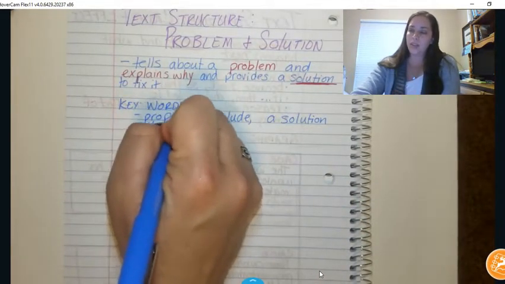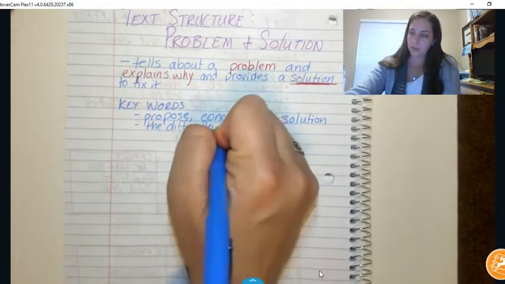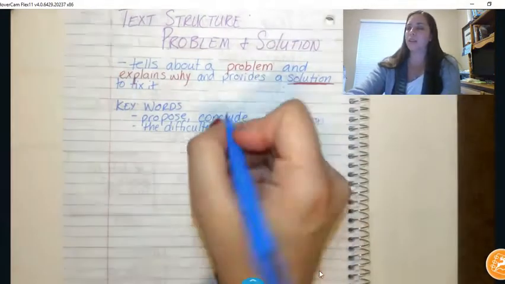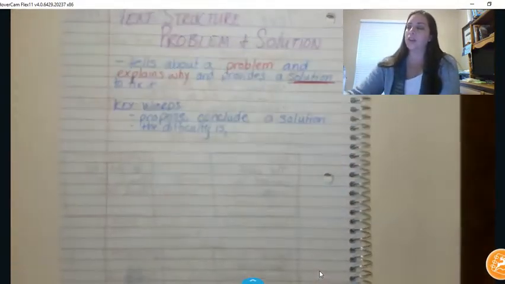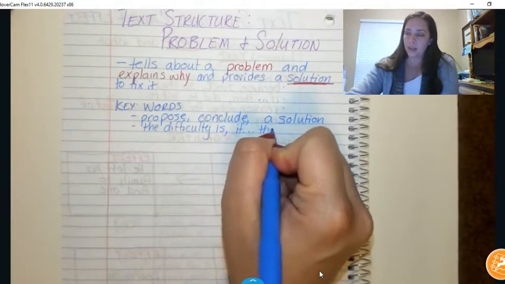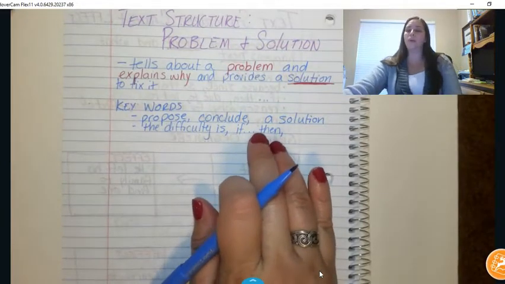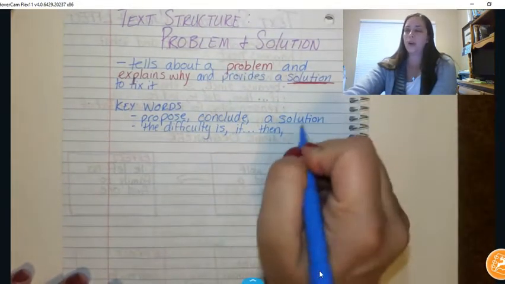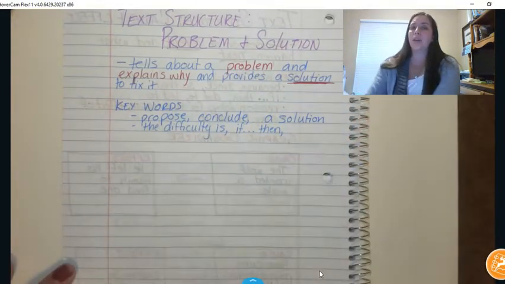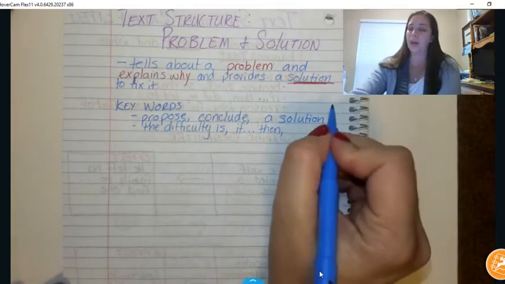The difficulty is, and then if you guys remember, we talked about this in our last one, in our cause and effect. You can have an if then statement. Those can be cause and effect, or it could even be a problem solution. So this is why I tell you guys, be very, very careful and pay close attention, because they're very similar, and a lot of times people will mix them up.